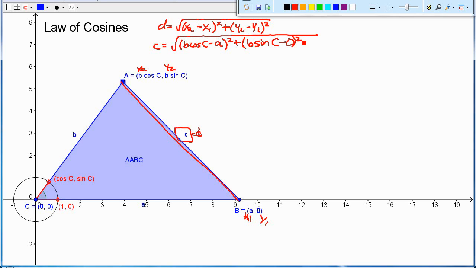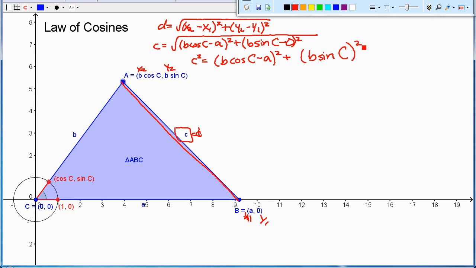But I think we can clean it up a little bit. The first thing I will do is square both sides. So we'll get rid of the radical, and we're left with b cosine C minus a quantity squared. And technically, since it's just b sine C minus 0, we can get rid of the minus 0 and just say it's b sine C quantity squared.